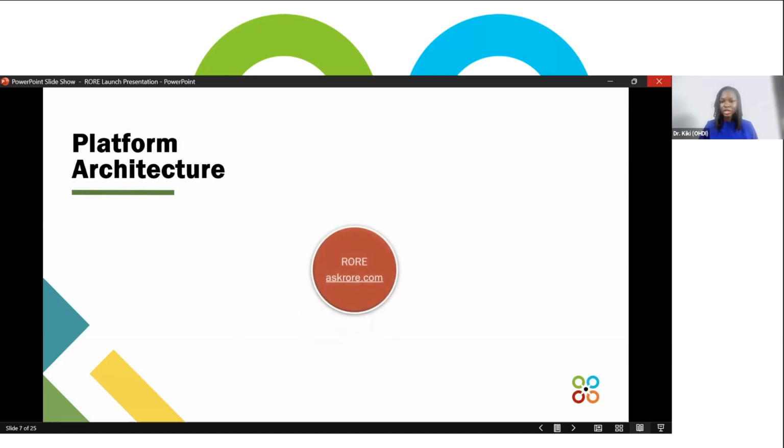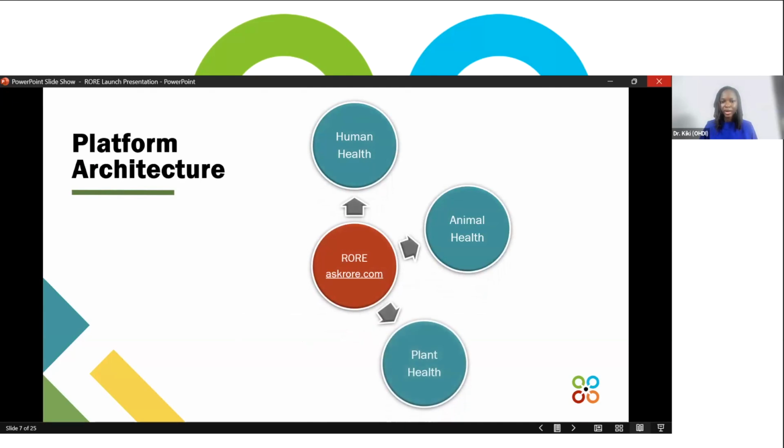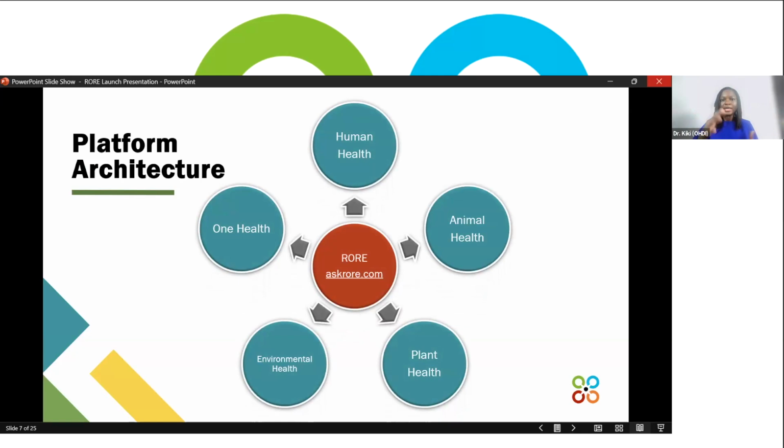Now, the platform architecture is, this is the website. You have the human health domain, animal health domain, plant health, and then environmental and integrated One Health. So if, for example, you're looking for a question that is strictly human health based, it answers you or provides support in that way. And then if you get to a point where, for example, you ask about rabies, rabies is not just a human health issue, it's also an animal health issue.